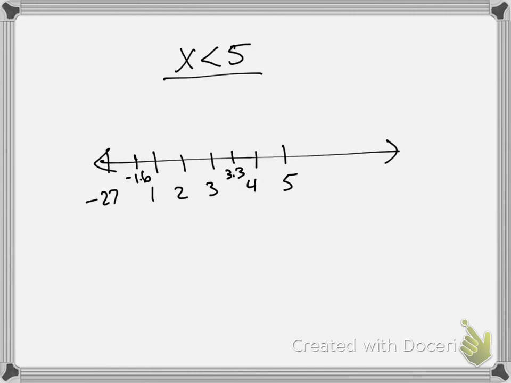Now, what about 5? Well, 5 is not less than 5, but if I have 4.9, which is really close to it, that is less than 5. So what do I do?